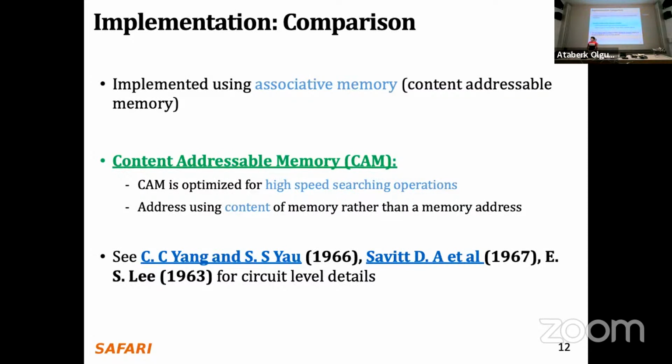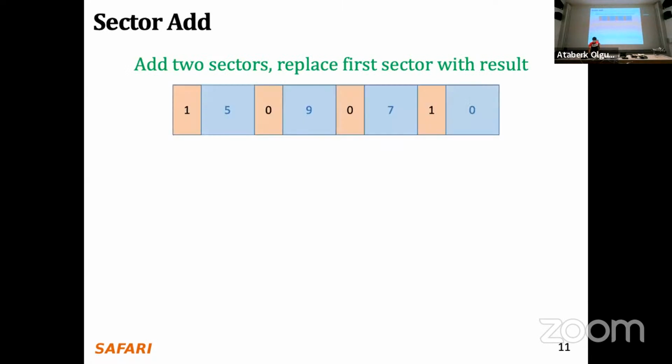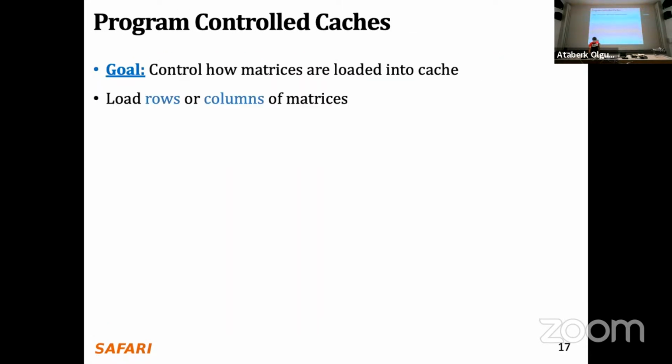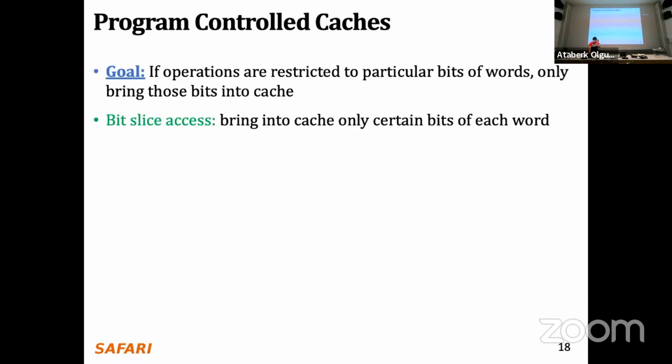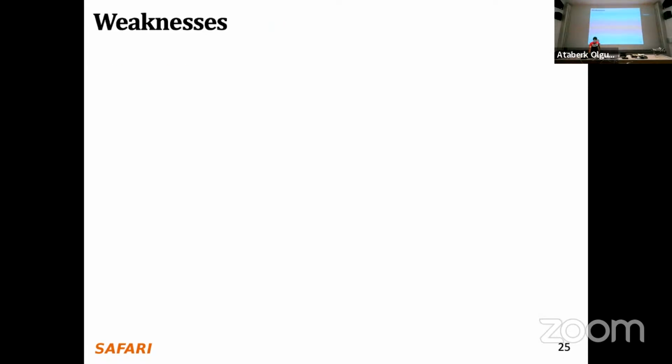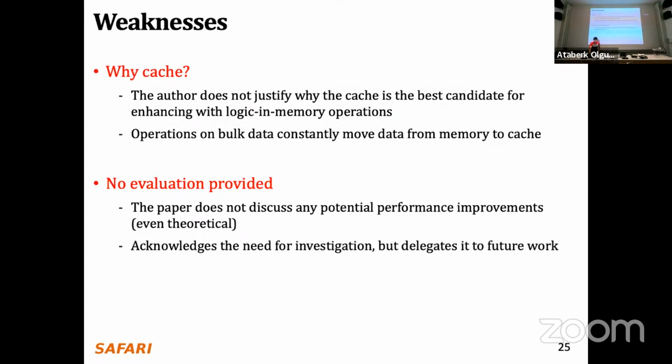Can you hear me? Yeah. So I was also thinking about a possible weakness of the paper, which would be the lack of implementation details or difficulties. For example, how the different latencies of the operations would be handled by the CPU. For example, a row versus column load in a matrix would have very different latencies or execution times.